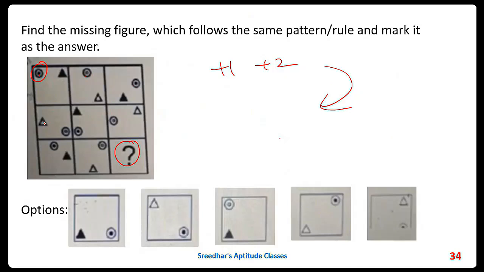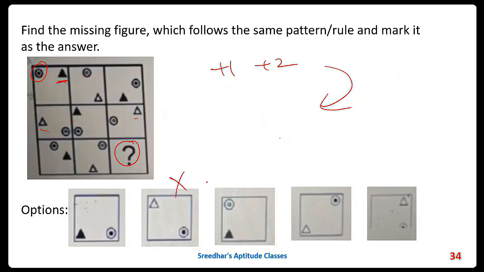Whereas here, the triangle is shaded, or is there any other logic? Triangle is shaded, plain, shaded, plain, shaded, plain, shaded, plain. Next should be a shaded triangle.